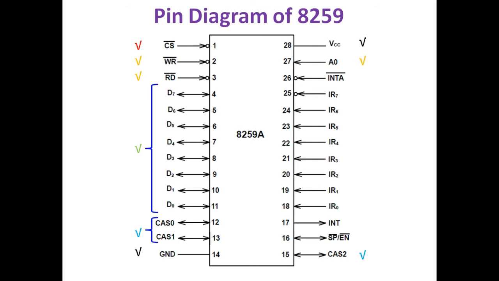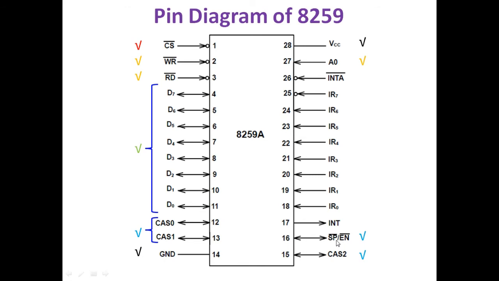Okay, now next pin is SP bar / EN bar. So here SP bar stands for slave peripheral and EN bar stands for enable buffer. Okay, enable buffer. So SP bar, suppose if your 8259 is acting as a master, then this pin should be connected to VCC.